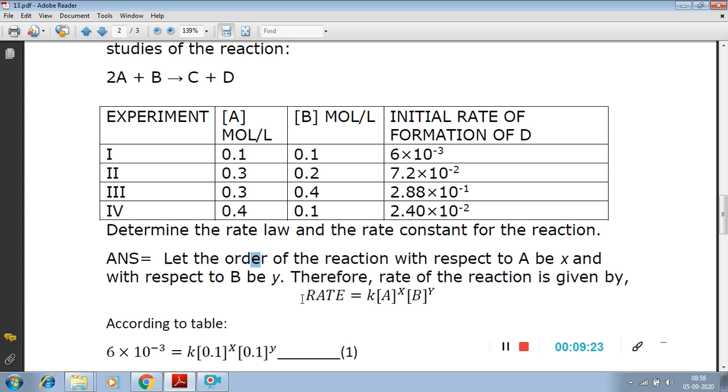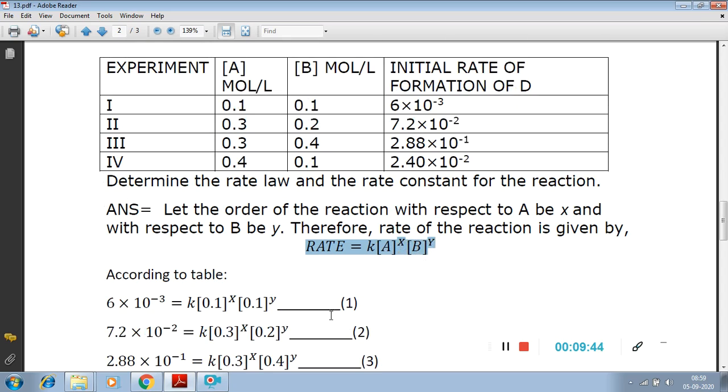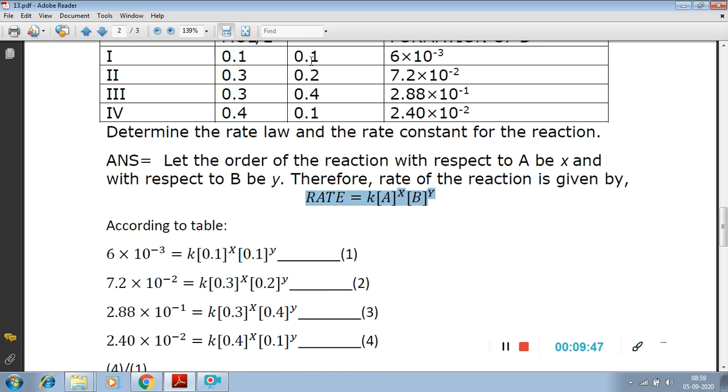Suppose our rate law is this equation: rate is equal to k into concentration of A raised to x into concentration of B raised to y. We are going to derive this x and y. For the first experiment, concentration of A, concentration of B and rate value we have.